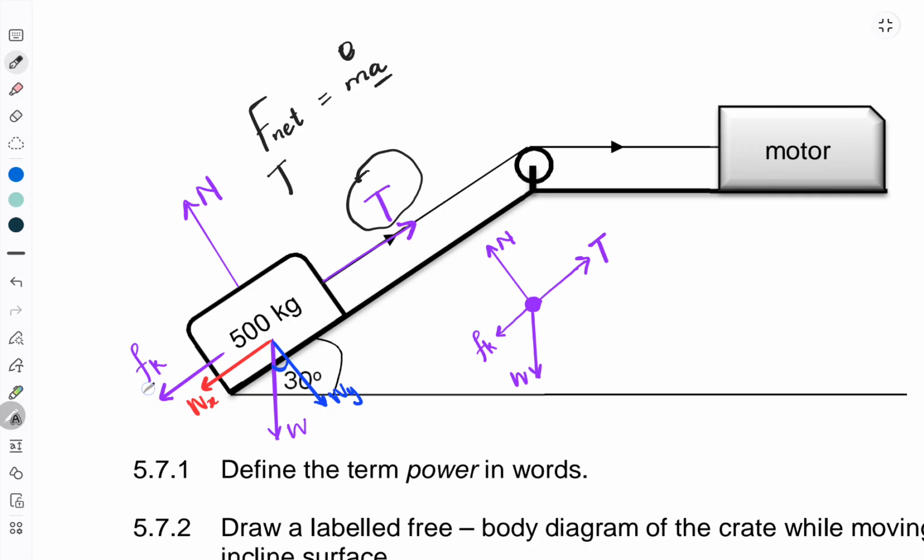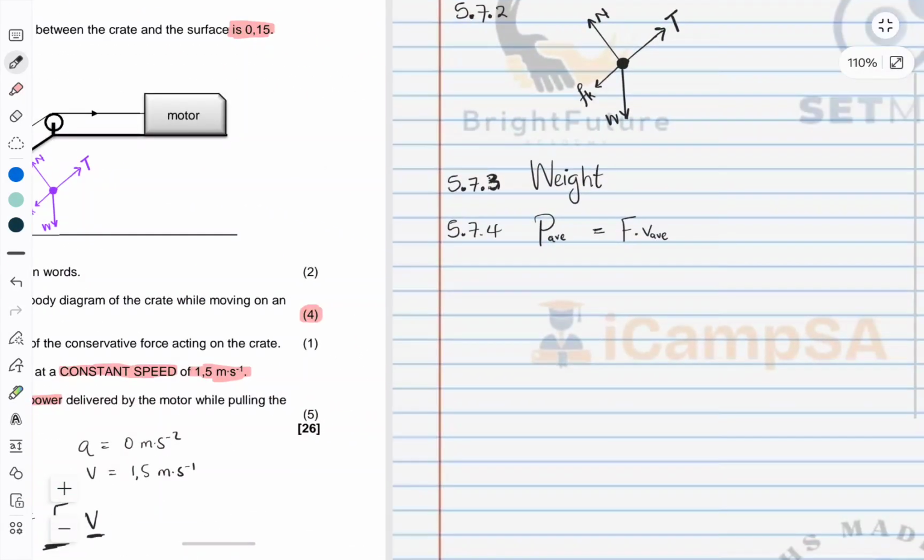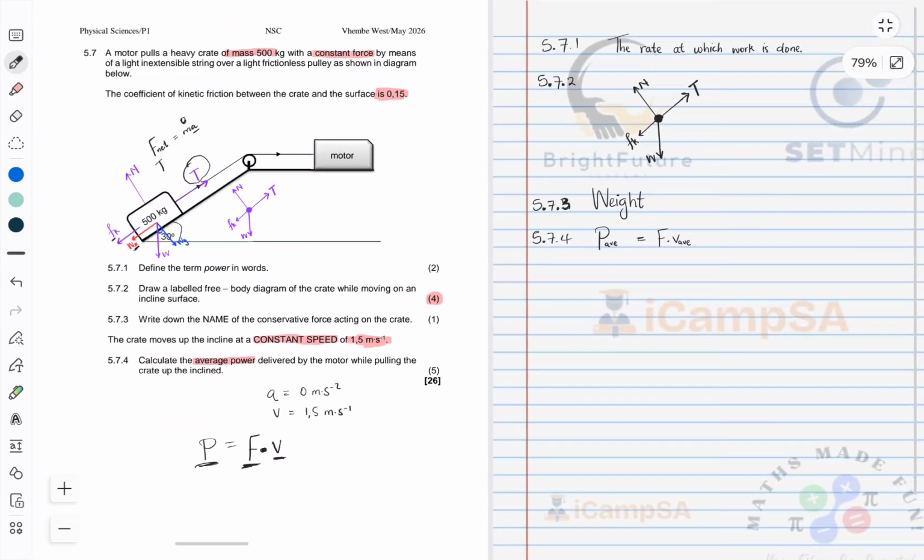Why? Because we can find Fk, we can find the parallel component of weight, and therefore we can just find T. Some people prefer to find these individually and then substitute once.